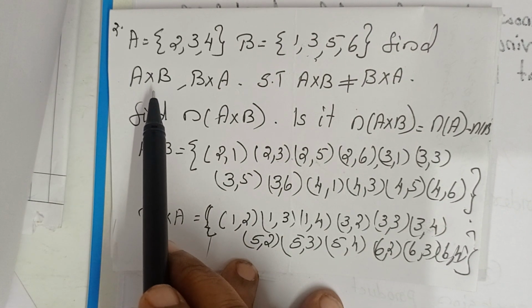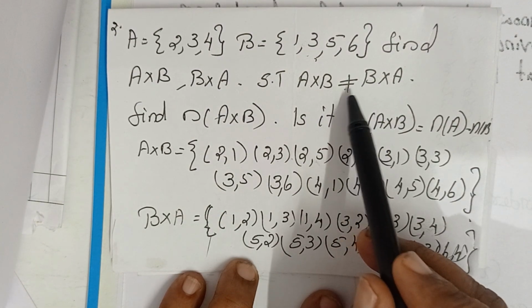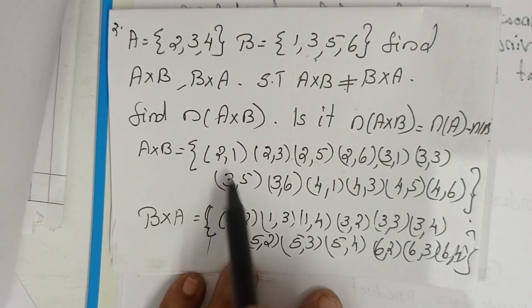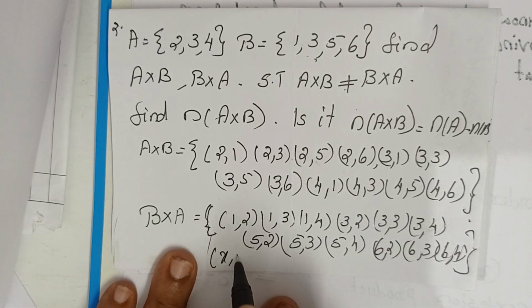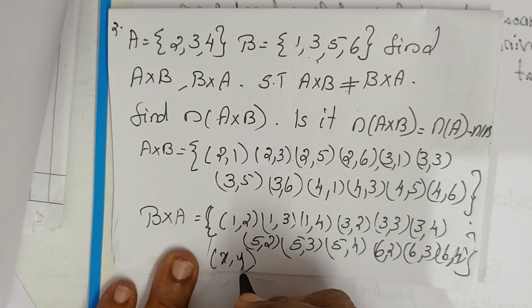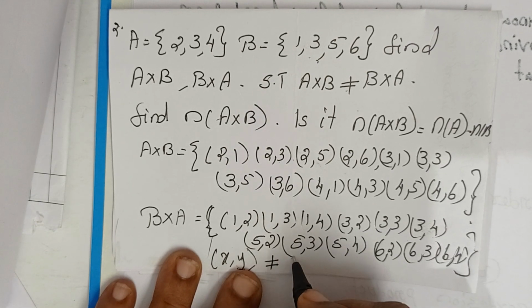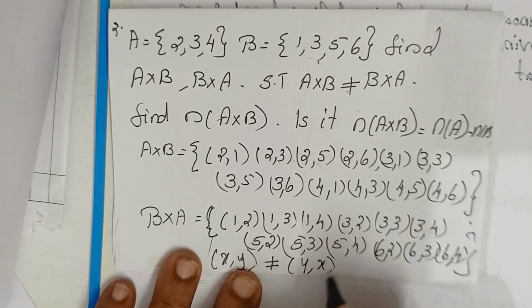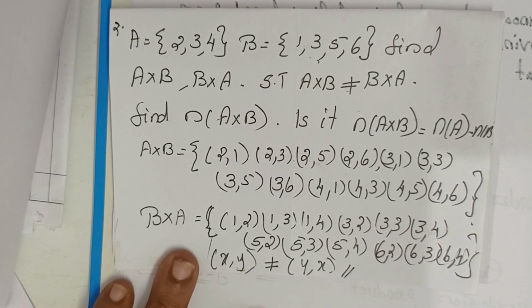First you have to write A cross B, then B cross A. Then show that A cross B is not equal to B cross A. From this list you know that the ordered pair XY is not equal to the ordered pair YX. Write the reason. Understand? In the case of ordered pairs, the ordered pair XY is not equal to the ordered pair YX.